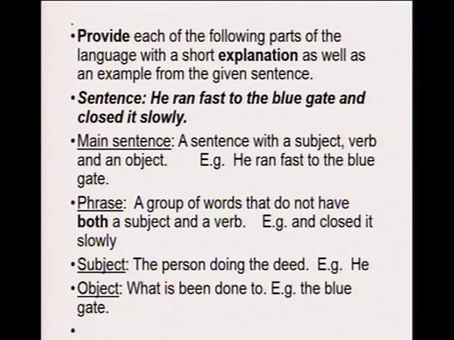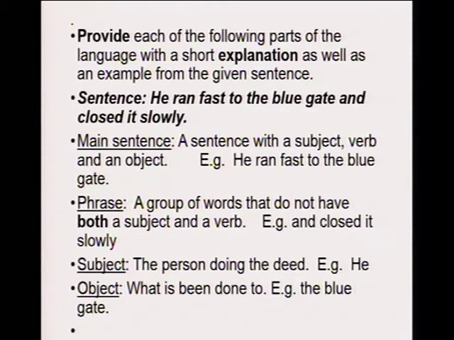Closed is a verb, but do you see any subject there? No. If there was a subject, it would have been a separate sentence, he closed it slowly. But he is only in the first sentence. So the second part without the subject is the phrase, and closed it slowly.